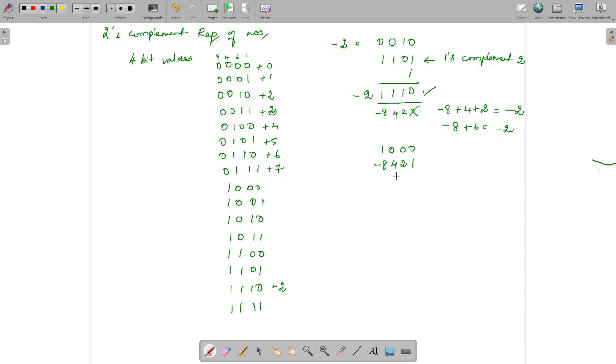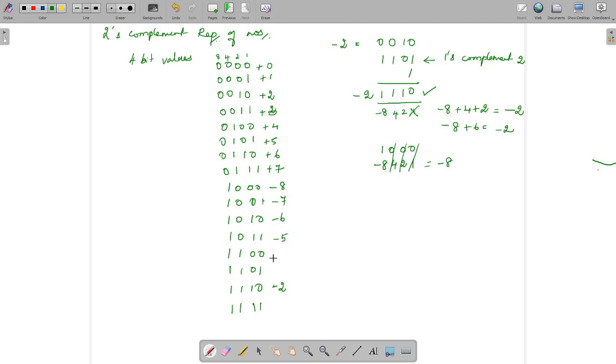So what is this equivalent to? You don't take the 4, 2 and 1, so the only left out number is minus 8. So minus 8 is represented as 1 0 0 0, and this is minus 7, minus 6. You can work it out and check. It sums up to be the equivalent decimal number that I write by the side of this pattern.